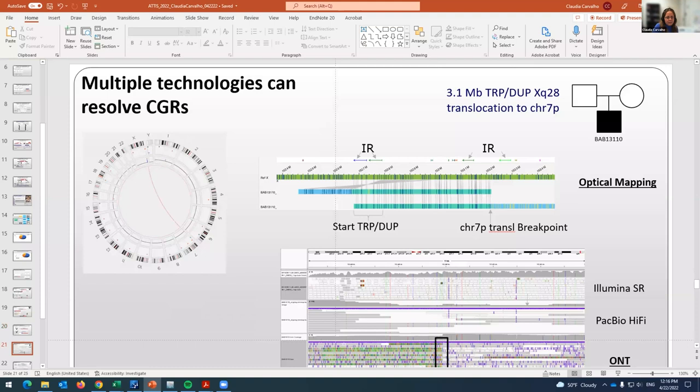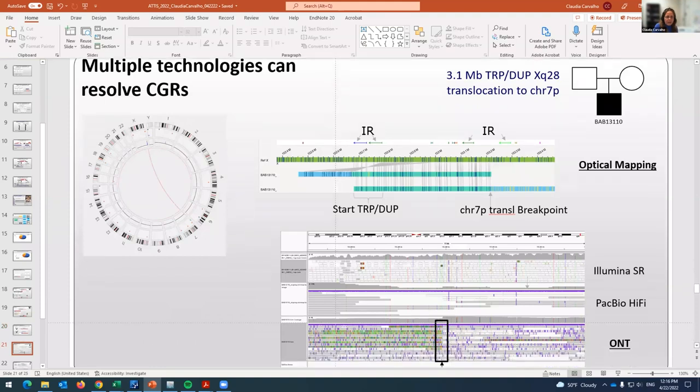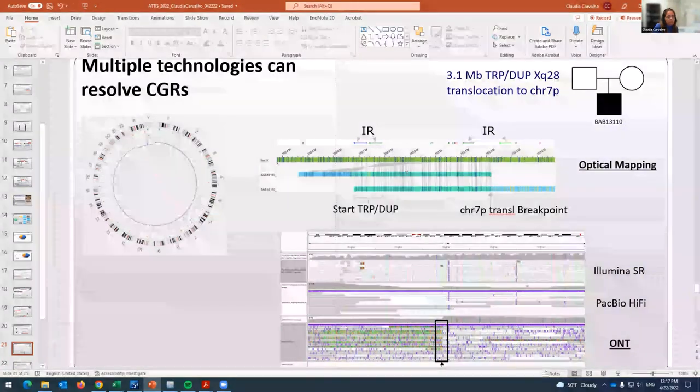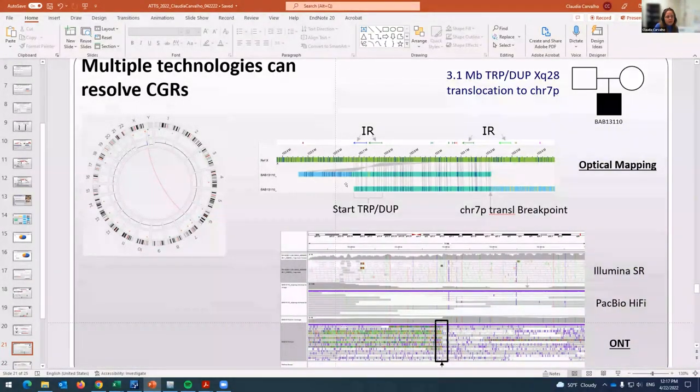So for this patient with the triplication, optical mapping was the technology that really helped resolve it. You can see here that this terminal dupe is actually a translocation between X and chromosome 7. The interesting thing about optical mapping is that we could see both junctions of this complex rearrangement in cis in the same molecule.